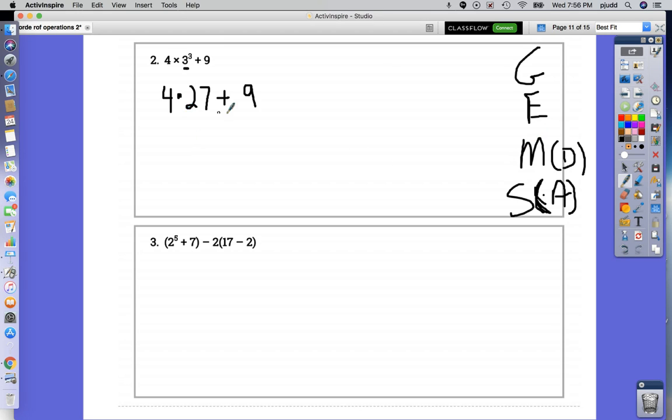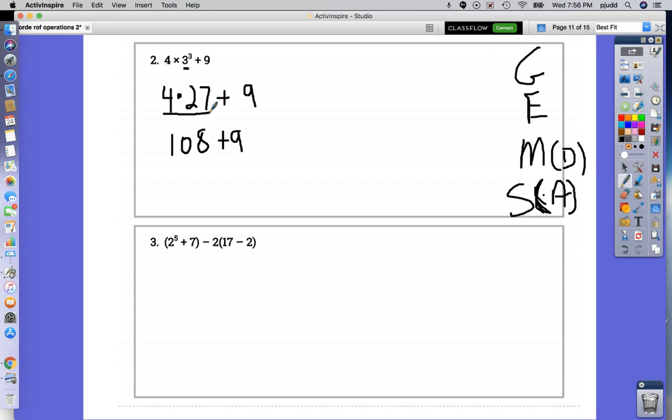Well, I have multiplication and addition. So I know I need to multiply. 27 times 4, or 4 times 27. 4 times 7 is 28. 4 times 2 is 8, plus 2 more is 10, plus 9.